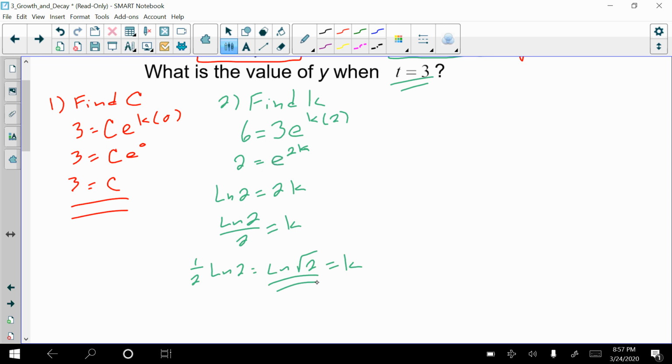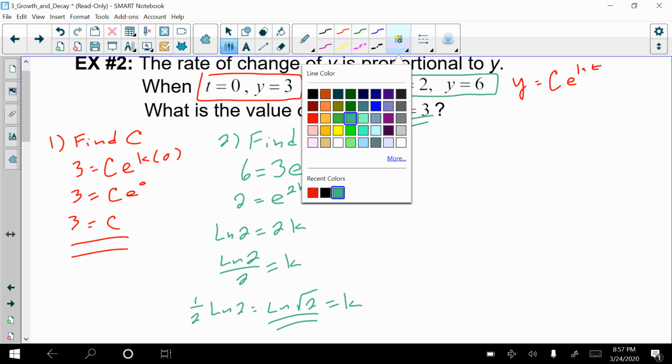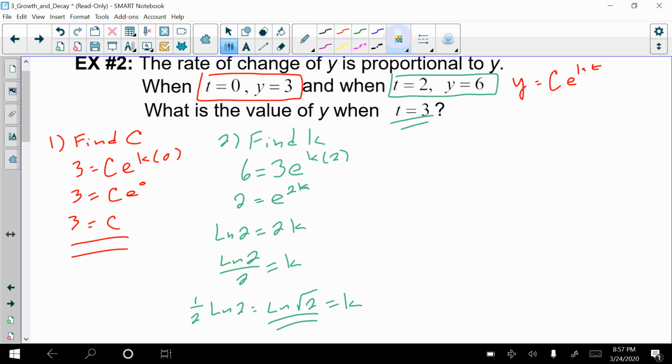Okay, and this will be the version of k that I'm going to finish the problem with. So now we want to be able to find the value of y when time is 3. So what we've done so far is we've established the initial conditions of at time 0, c is going to be 3. We have our constant of proportionality, k, to be the natural log of the square root of 2.